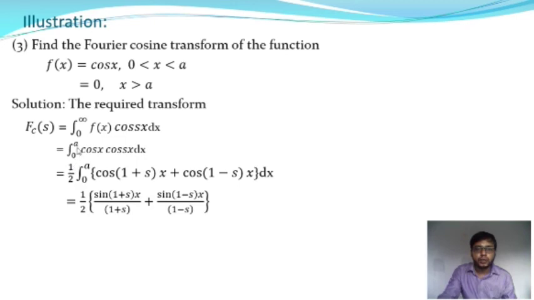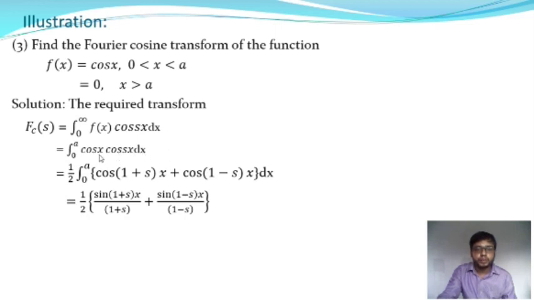In the interval 0 to a, the functional value is cos x, and in the interval a to infinity, the functional value is 0. So the second integral will be 0. Therefore the cosine transformation reduces to the integral from 0 to a of f(x) cos(sx) dx.